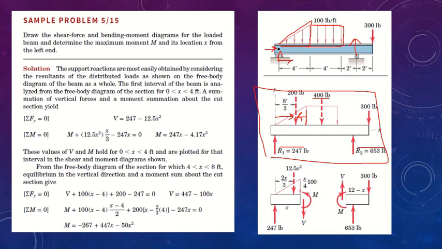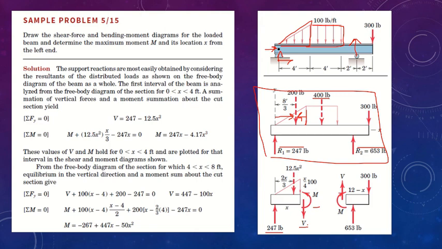So what is the load distribution on this particular segment? We know the load is defined as half into base into height. This is the load distribution over this region.